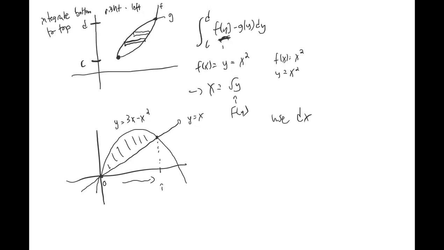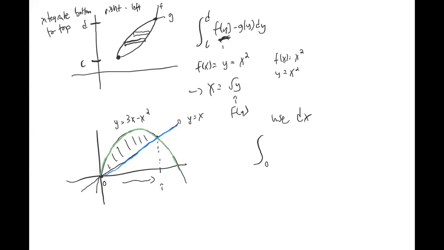Can anyone tell me how to solve for that? I need to find what this is. It's the point where the two curves intersect, right? They intersect at this point, so that's when they're equal to each other.